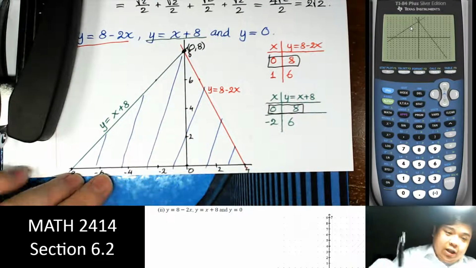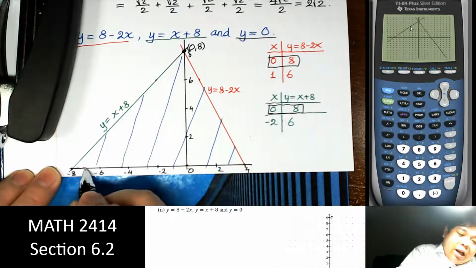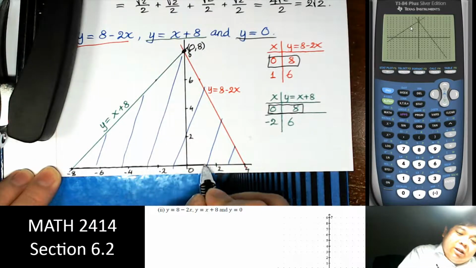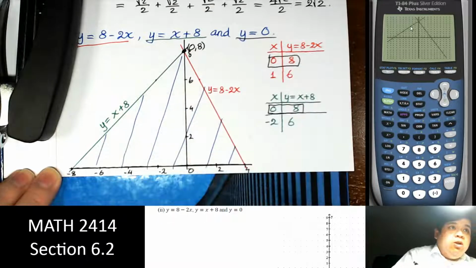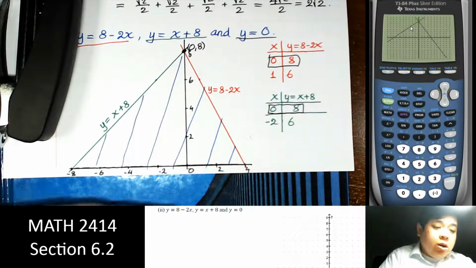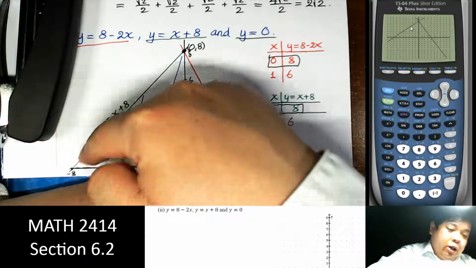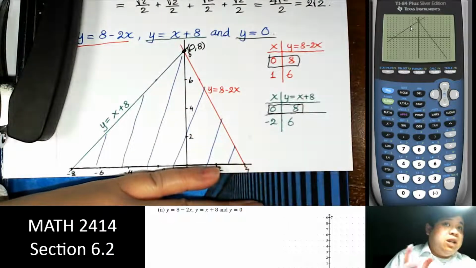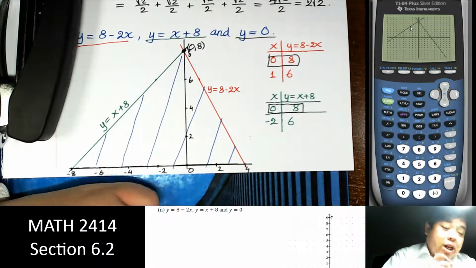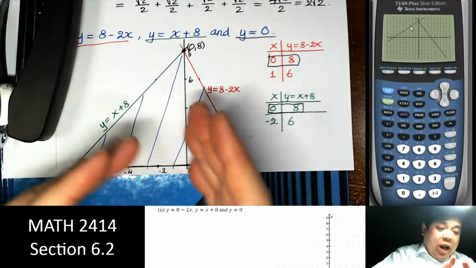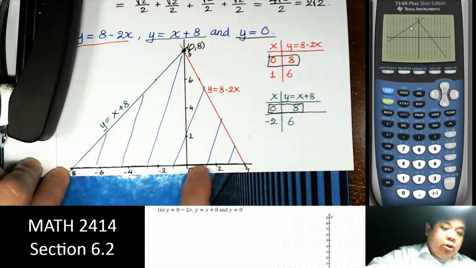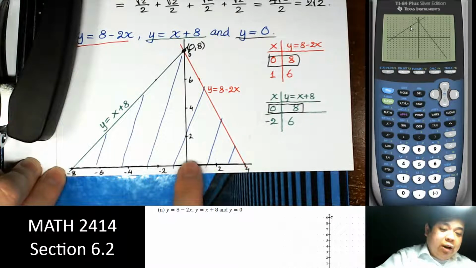By the way, y equal to 0 is the x-axis. So we're talking about the triangle here. Again, if we use dx, there are two boundaries, so there's inconsistency. If we want to set up dx, we have to split the limits: from negative 8 to 0, and then from 0 to 4.